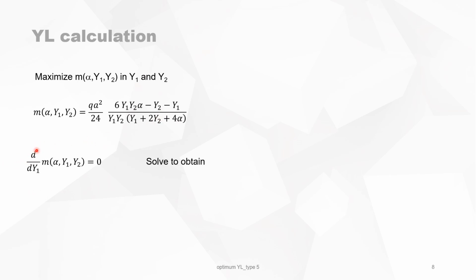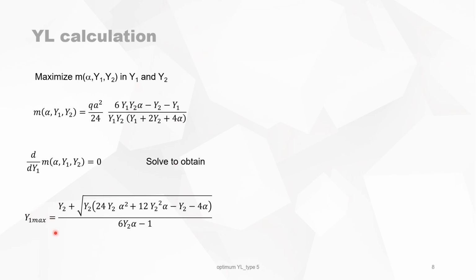So we do that by taking the derivative according to y1, make it equal to 0, and we solve to get y1, which will lead to the maximum value of M, the bending moment.